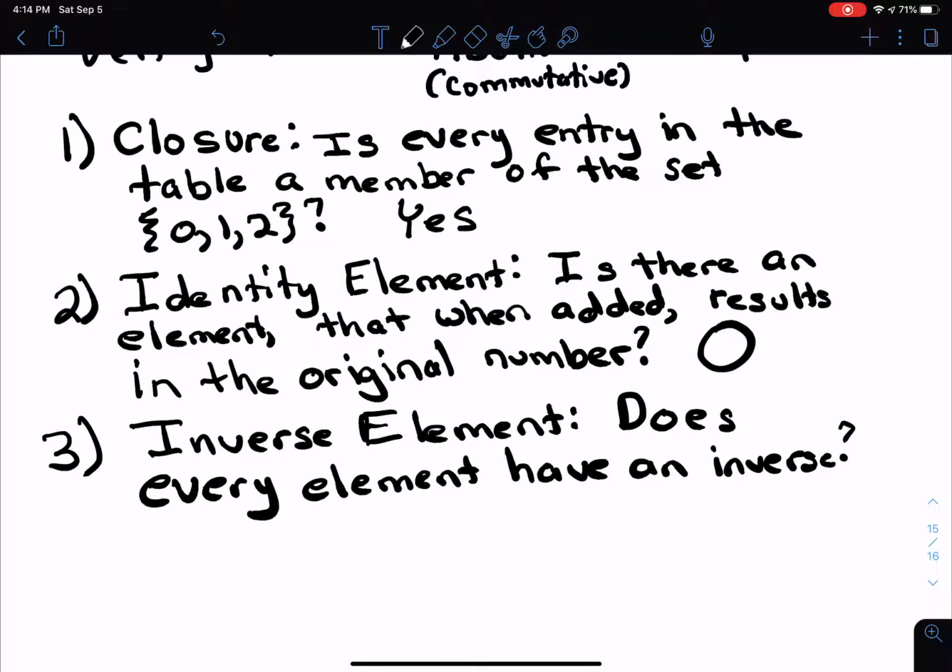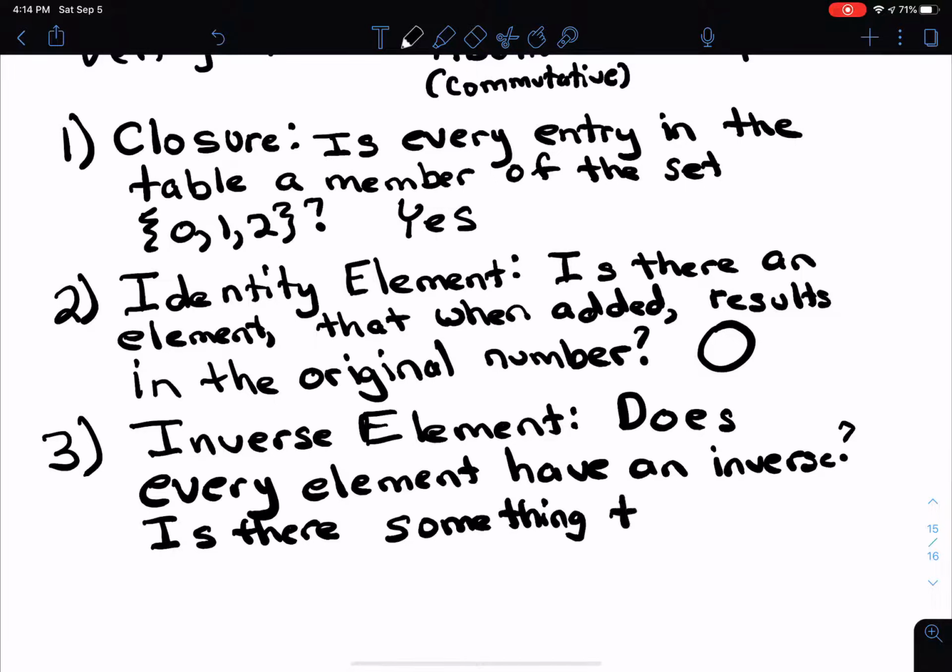In other words, is there something that adds and gets back the identity element of 0?